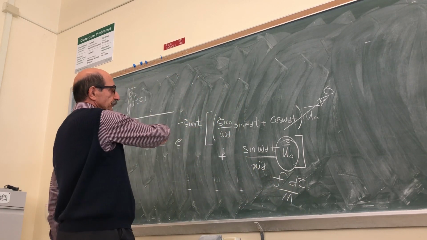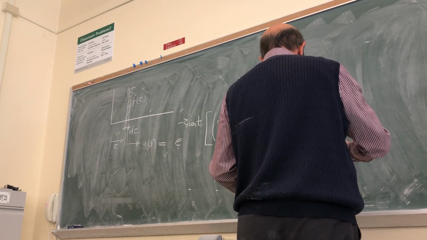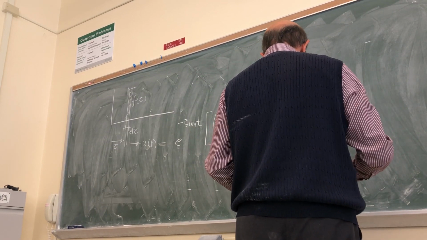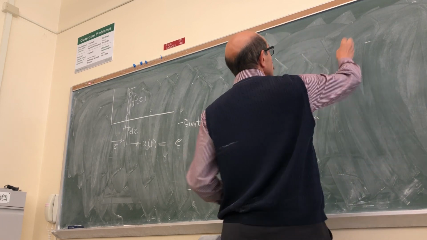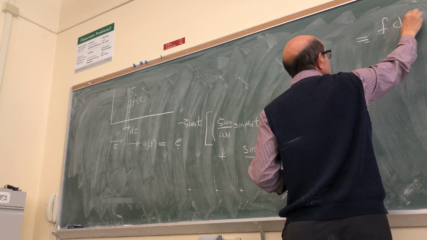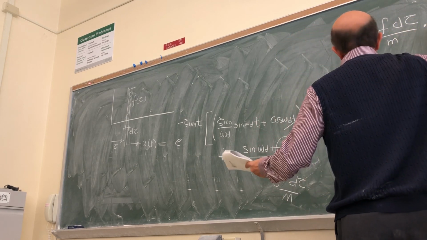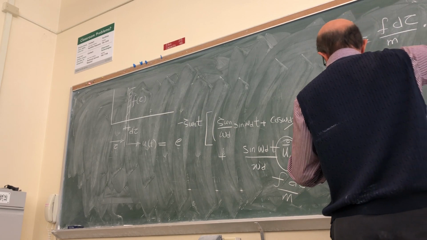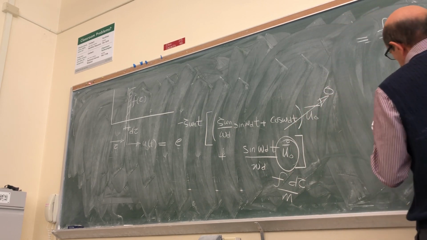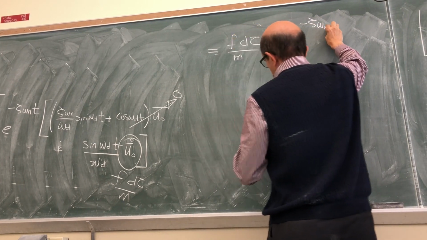So let's rewrite this, and I would just take those common terms out. So basically, this would be F d tau over m times, I'm just rewriting it, rearranging the order.